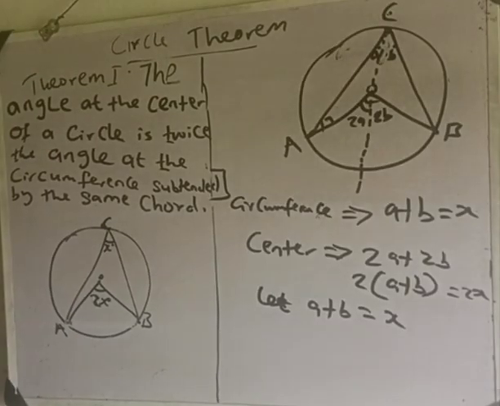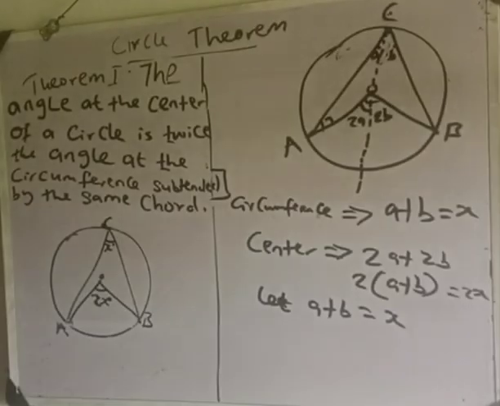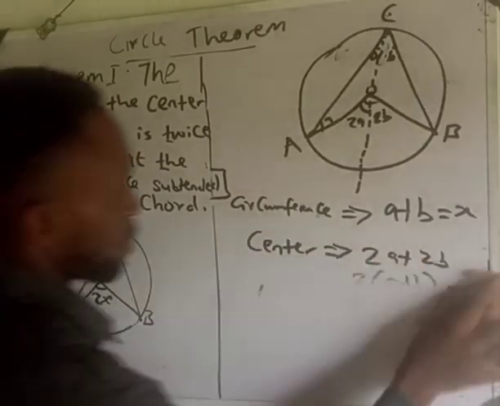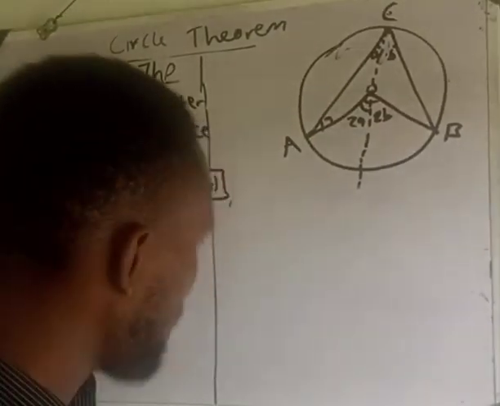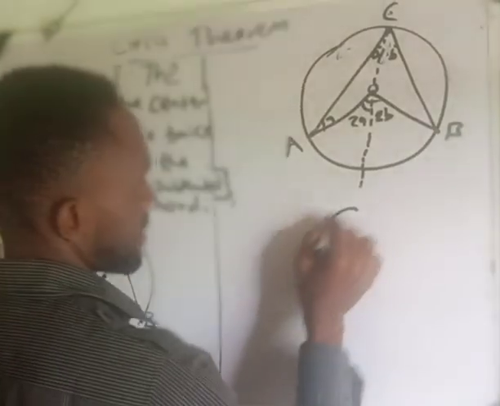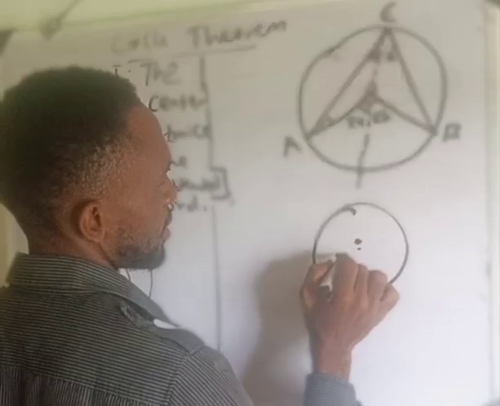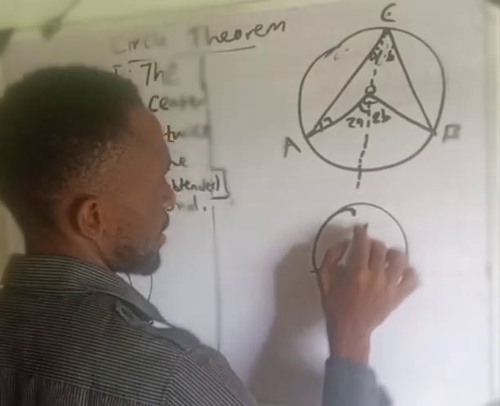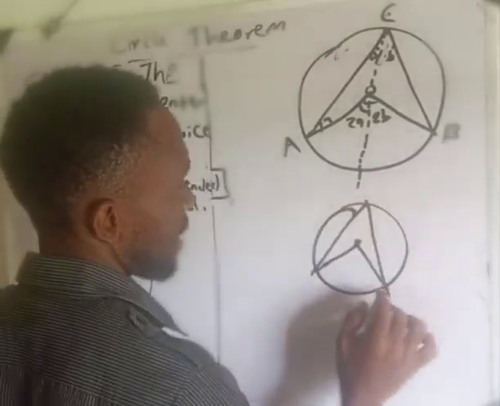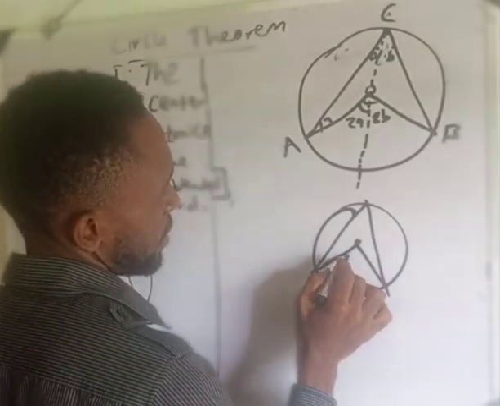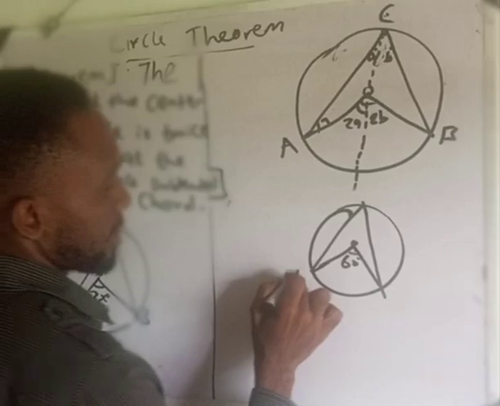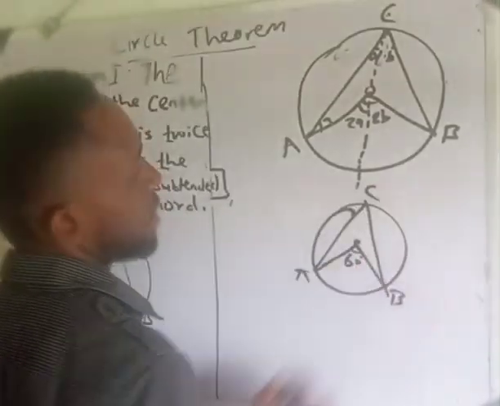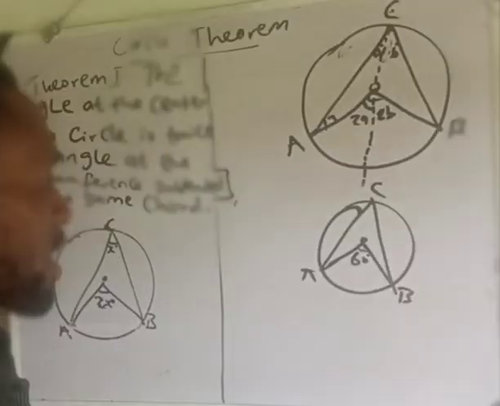Having understood this, let me just solve one question before we move on. Let's say you have a question like this. This is the center. Let's say I have 60 degrees here, and you are asked what angle.